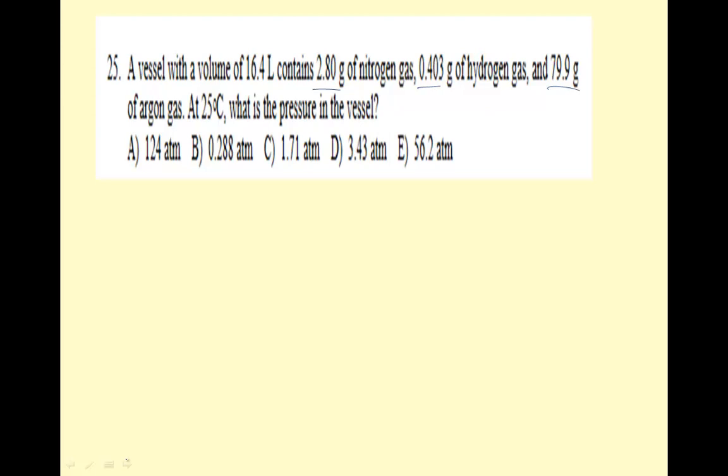So what I'm going to do is find the pressure of this, pressure of this, pressure of this, and add them all up. PV equals nRT. My pressure is what I'm looking for. Volume is 16.4 liters. That's good because I need to obey the units of R. 2.80 grams divided by 28 gives you the moles.